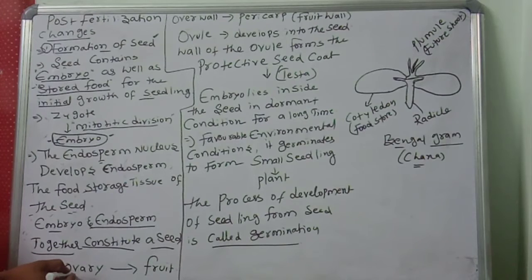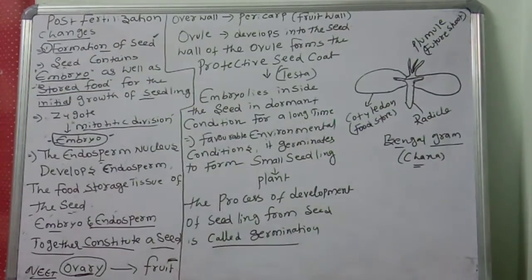Now come to the ovary. After fertilization, what does the ovary convert into? The ovary converts into fruit.